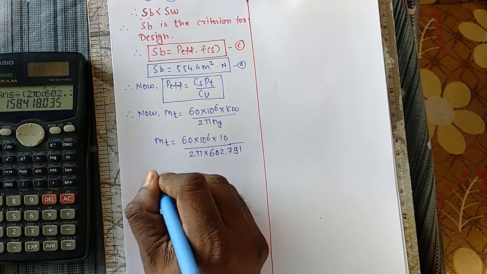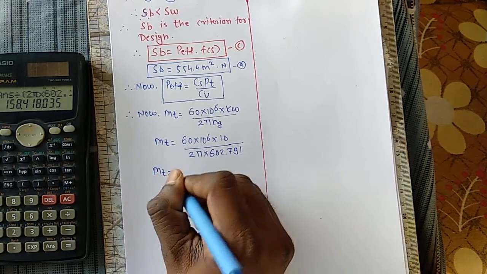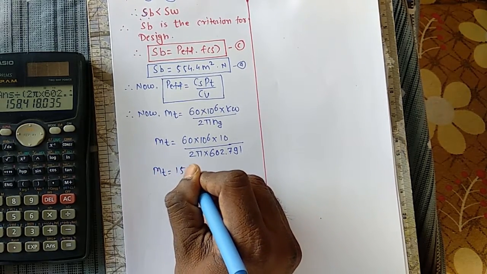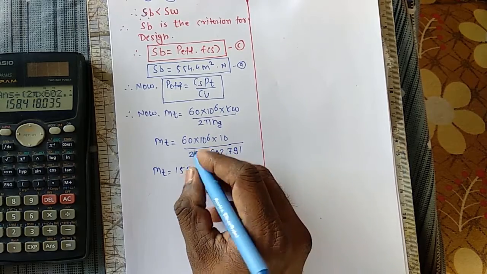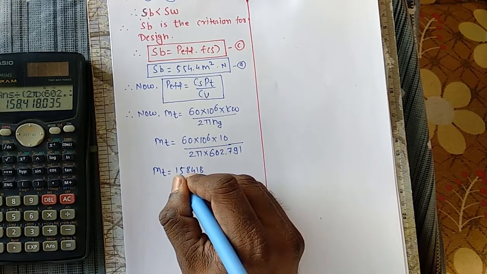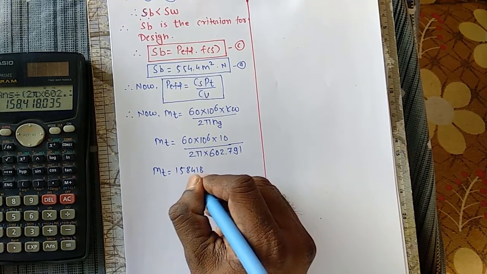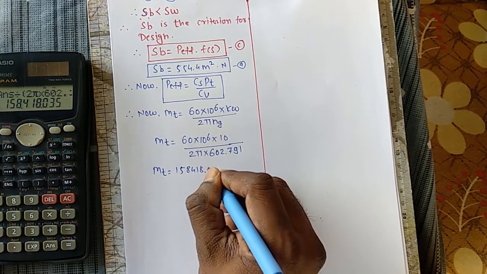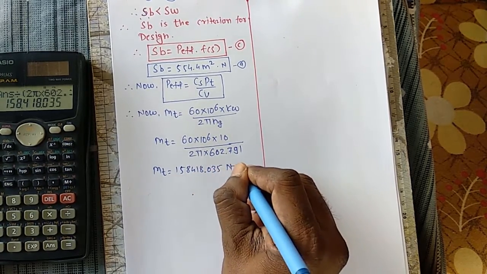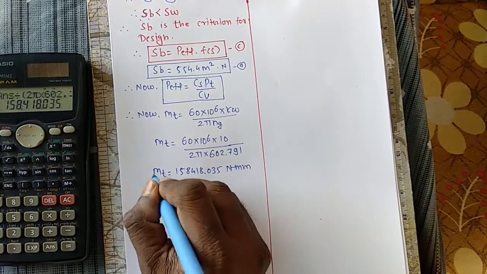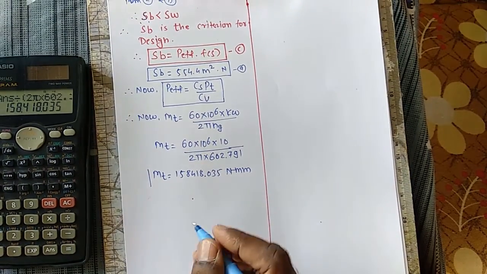So we got the value for torque, 1584.035 Newton mm. This is the value for torque we got.